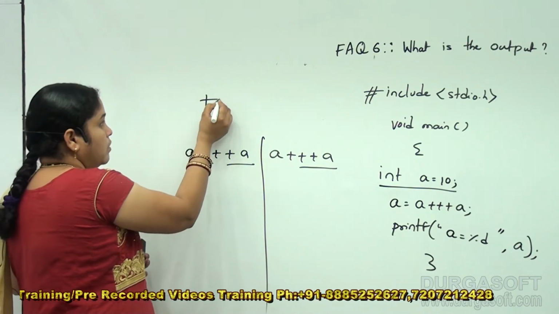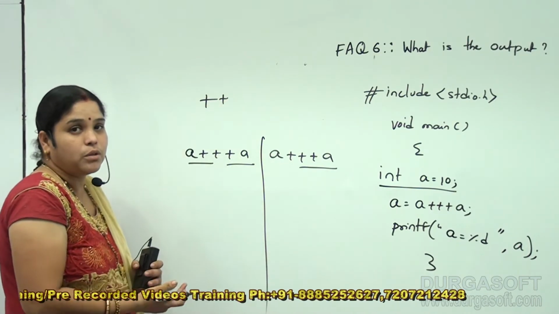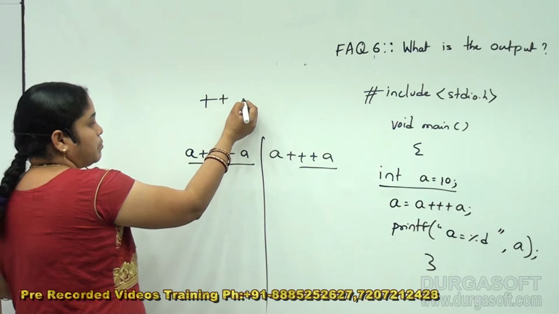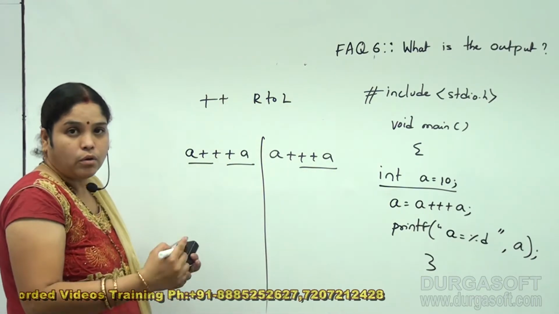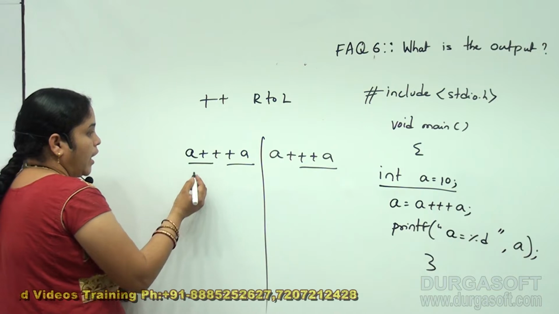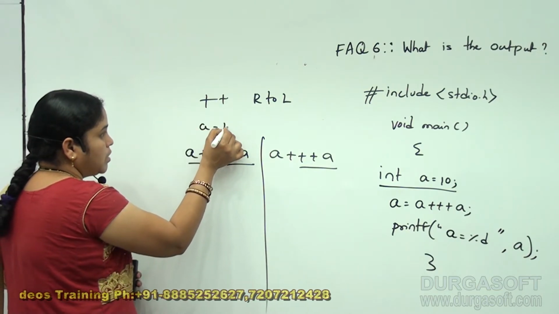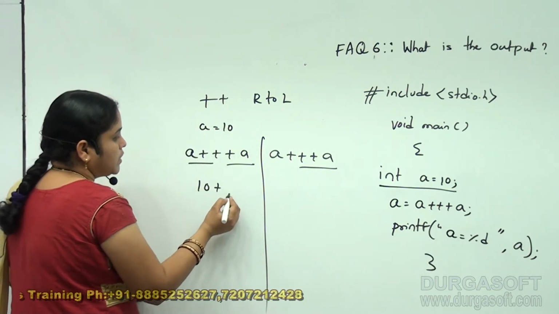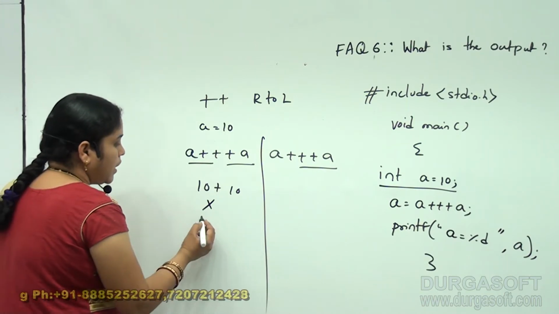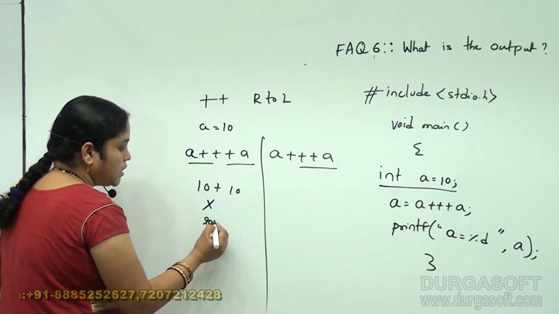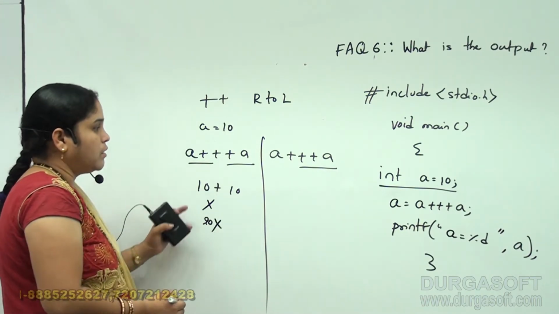I am telling you, the increment operator is a unary operator. It proceeds from right to left. So a plus plus, the a value becomes 10. So 10 plus 10 is an invalid process, meaning getting the output 20 is invalid. This one is invalid. Why?